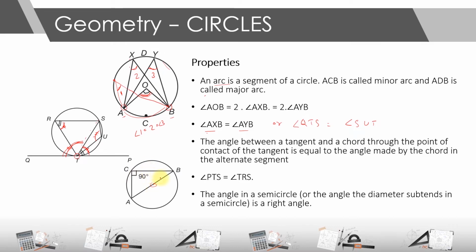This can also be deduced from the property that angle AOB is equal to twice angle ACB. So angle AOB, this angle of 180 degrees, is twice angle ACB. So since this is 180 degrees, any angle created by this diameter on the circumference is going to be 90 degrees.